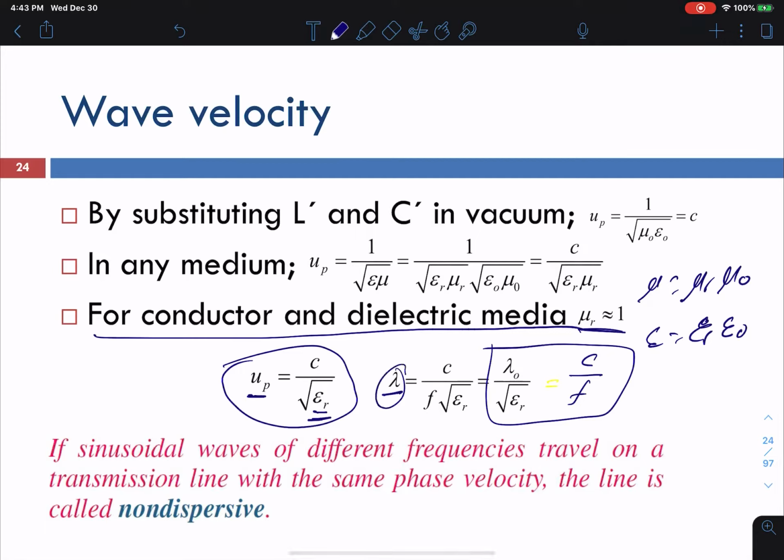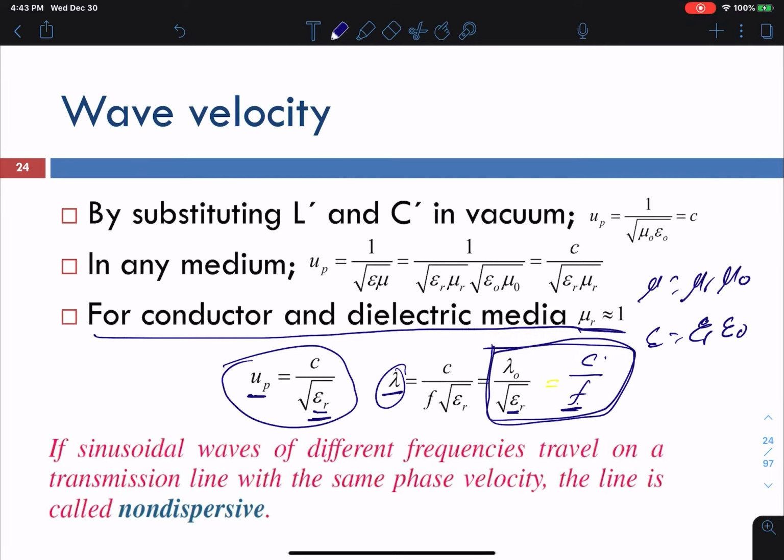And what is lambda? Lambda is basically C over F, right? So now, if you look at this equation over here, you can see that if your material property does not depend on frequency, if this one does not change with the frequency, because in your transmission line you're trying to send signals with different frequencies, right?